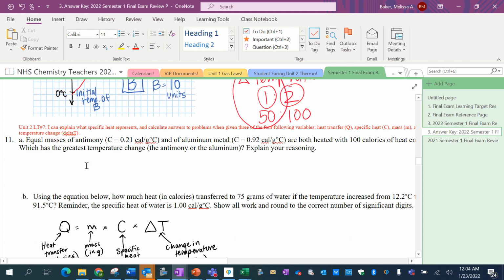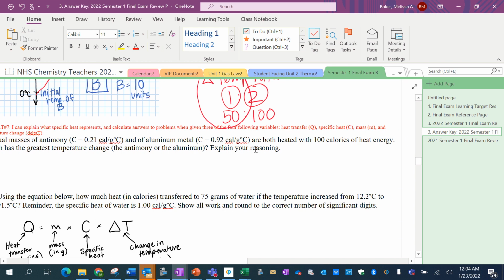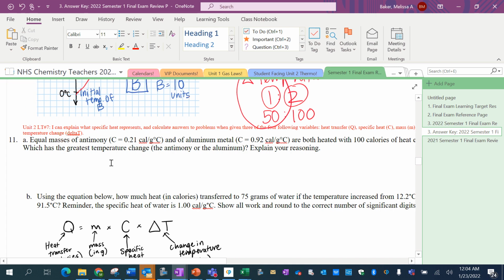Okay, equal masses of antimony, which has a specific heat of 0.21 calories per gram degree Celsius, and aluminum metal, a specific heat of 0.92 calories per gram degree Celsius, are both heated with 100 calories of energy. Which has the greatest temperature change? Why?